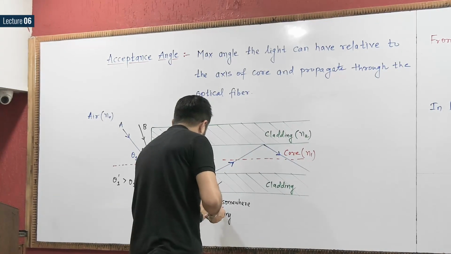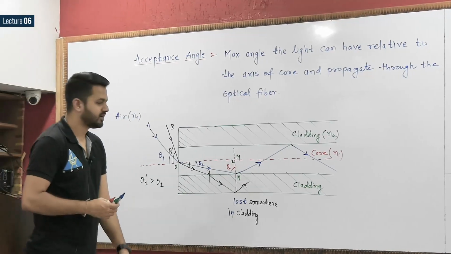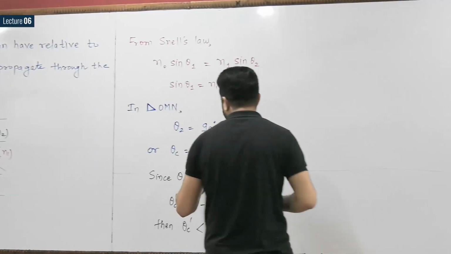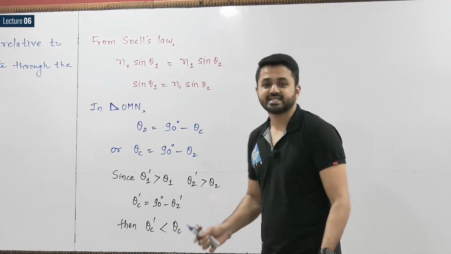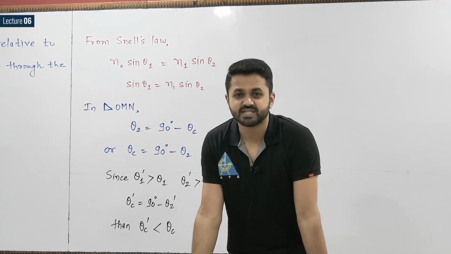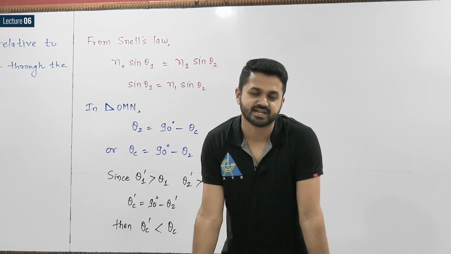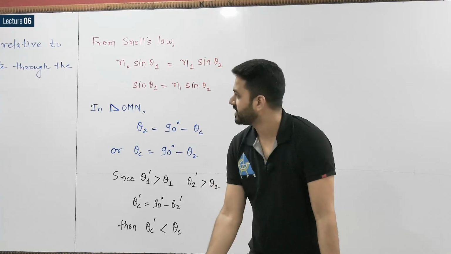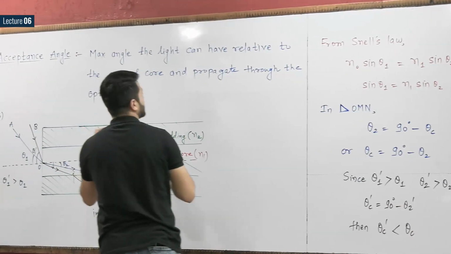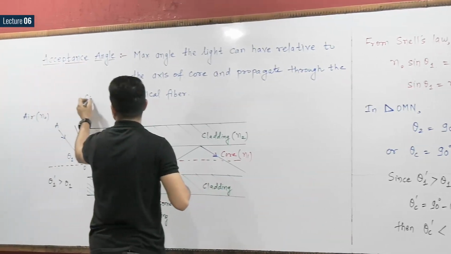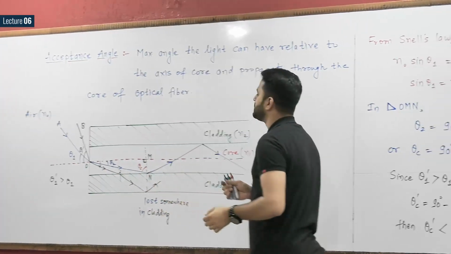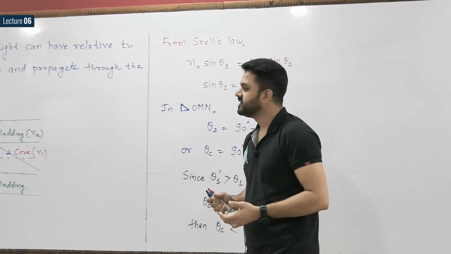Okay, so now we have got the value that this theta 1 is the maximum angle at which the light can be incident and can travel through the core of the optical fiber, propagate through the core of the optical fiber. You can write here in the definition, core of optical fiber. That would be more appropriate, right?